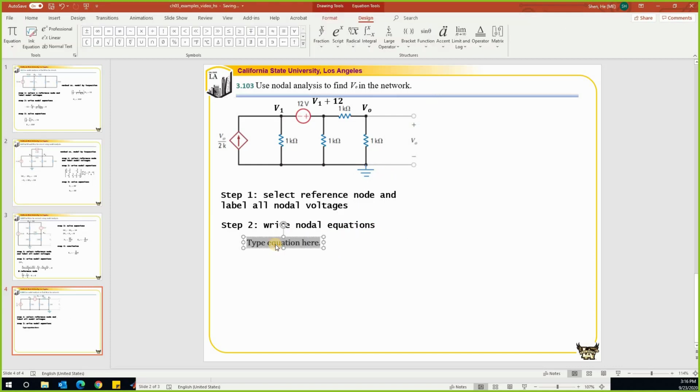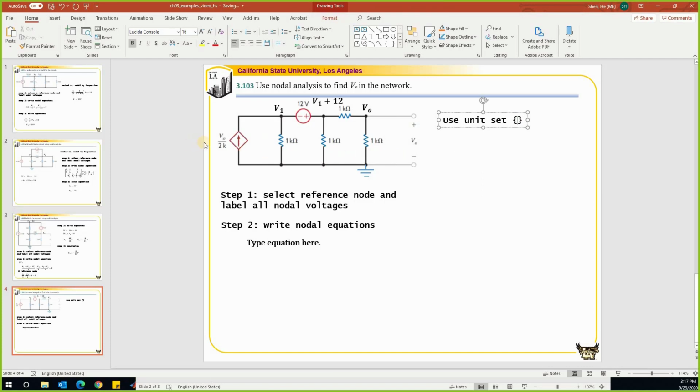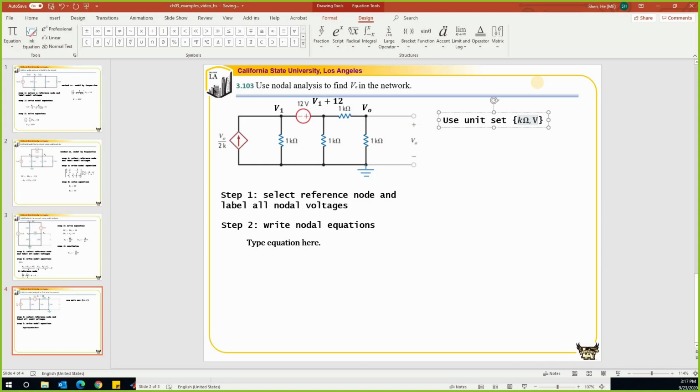We can count the current leaving the node as adding up to 0. So let's do that one by one. Let's do it from here. The first branch, that is VO over 2. Over here, I'm going to select kilo ohm and volt as the units, then the current will be milliamp. If we do this, we don't need to worry about the K. The reason that we put a 2K over here is just to make it a standard unit.